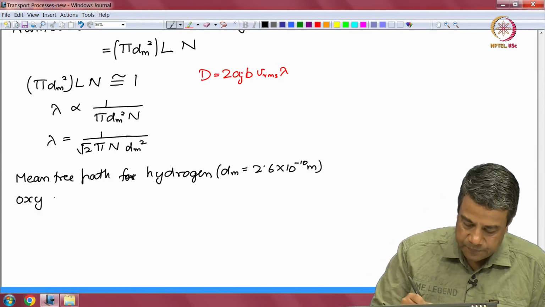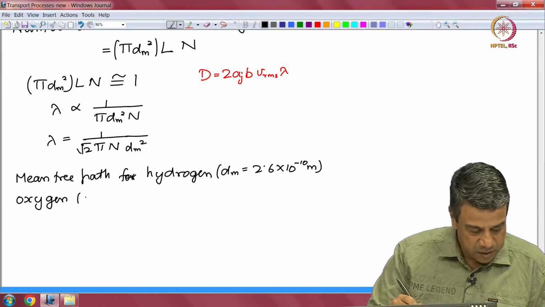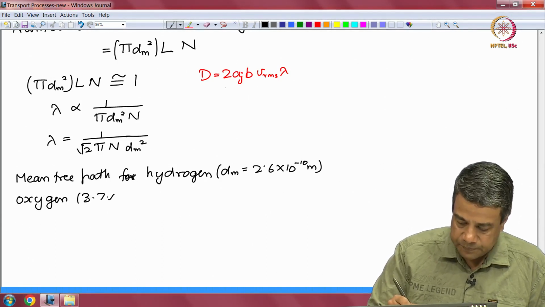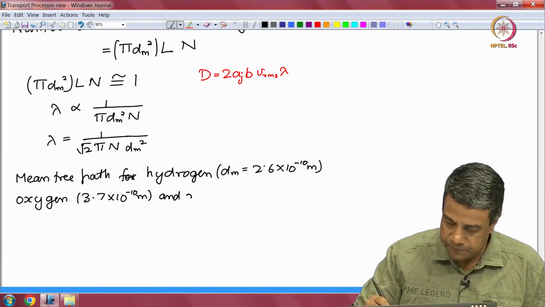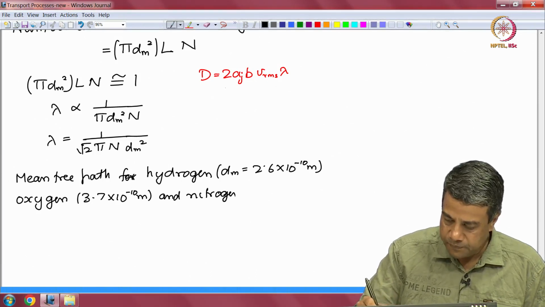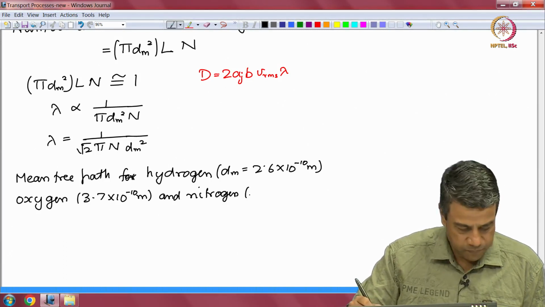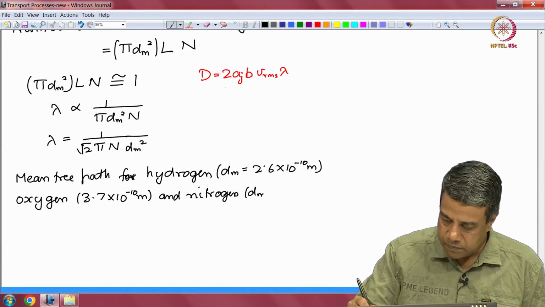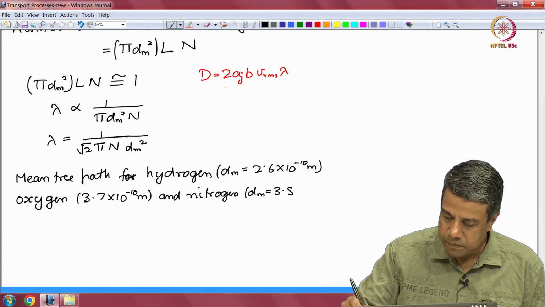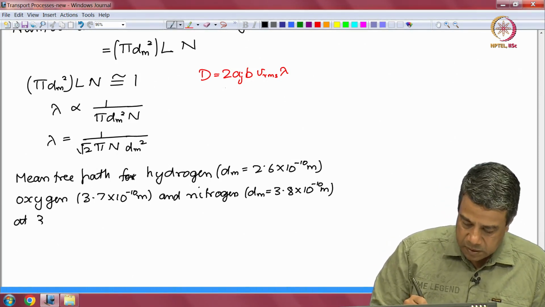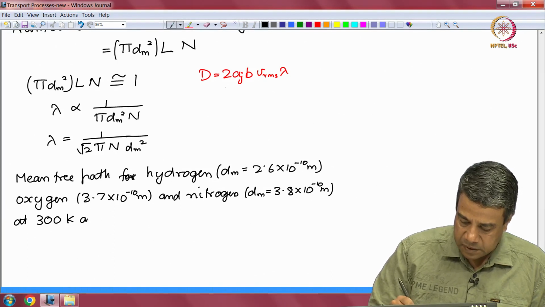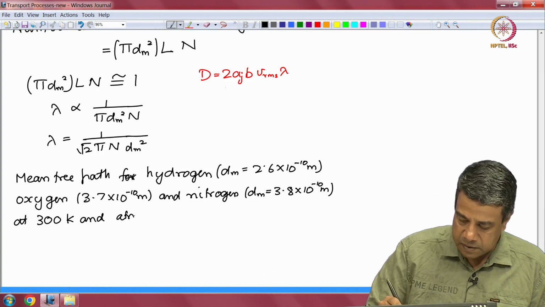Oxygen 3.7, and nitrogen, at 300 Kelvin and atmospheric pressure.